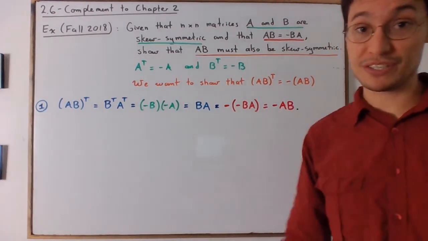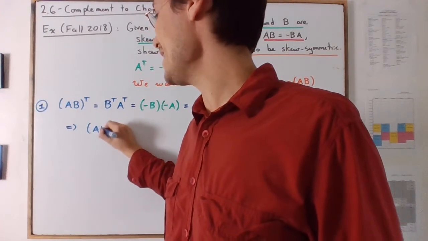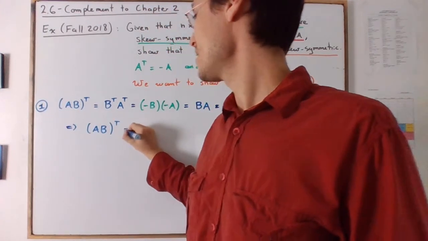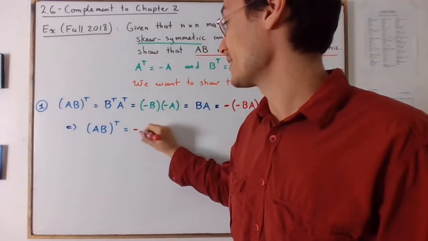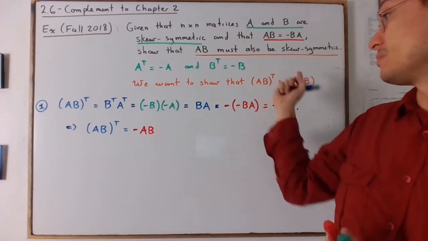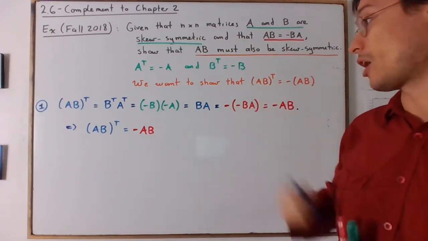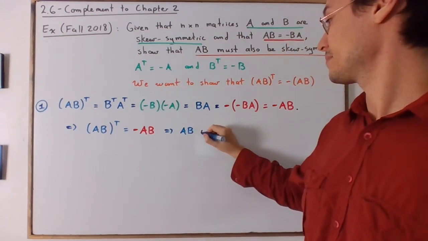So going from beginning to end, we were able to prove that AB transpose is equal to the negative AB that we got at the very end. And because of what we've written down in orange, this proves that AB is skew symmetric.